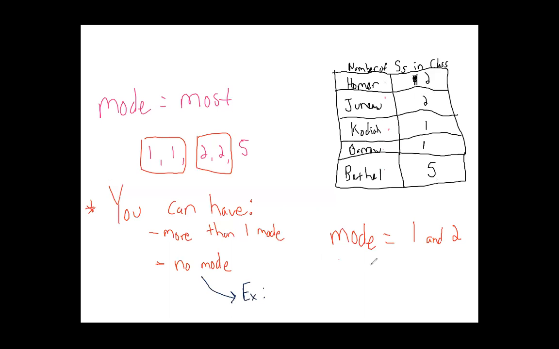The data would be 1, 2, and 5. Is there anything that happens the most? Nothing happens the most, so in this case there would be no mode, whereas here we have more than 1.